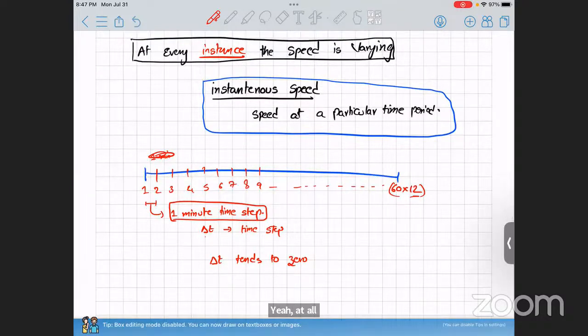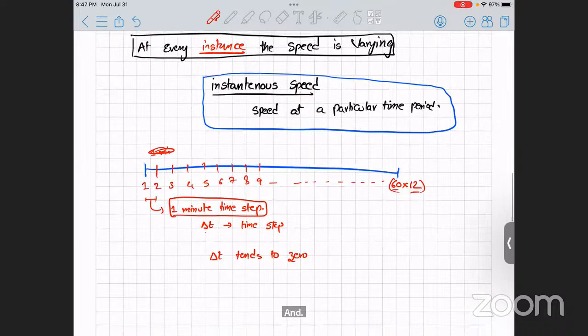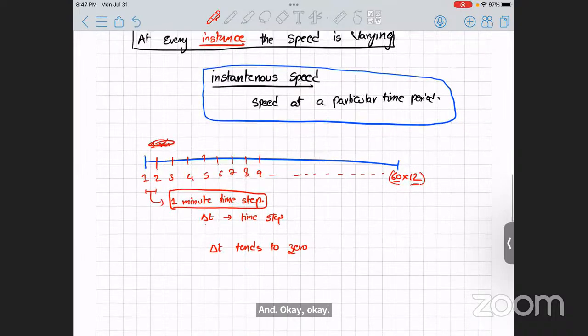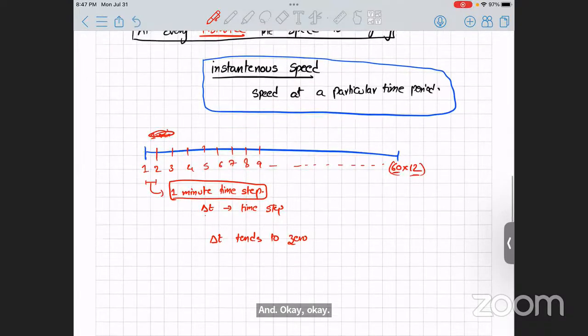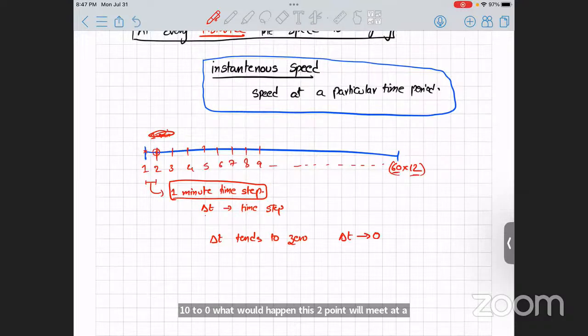When delta t tends to 0, what will happen? These 2 points will meet at a single point. So you will get the instantaneous speed at this point.